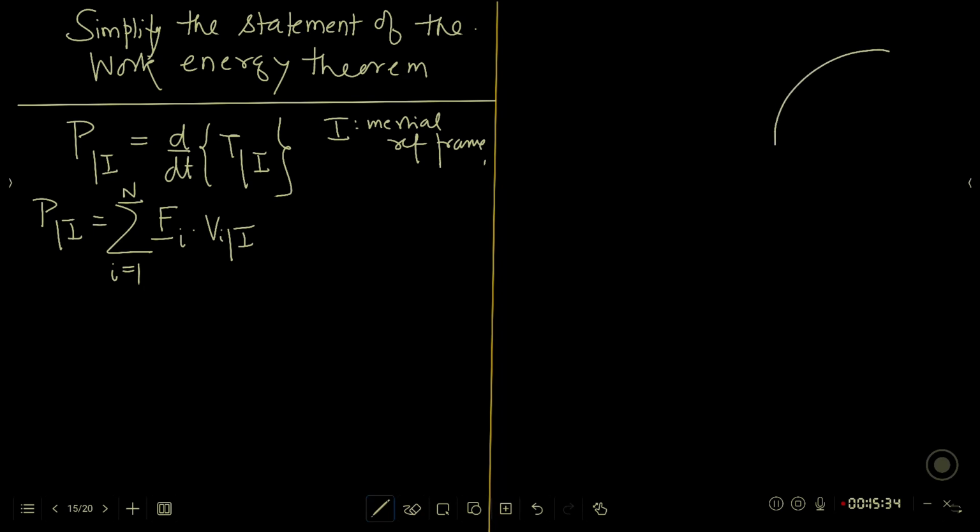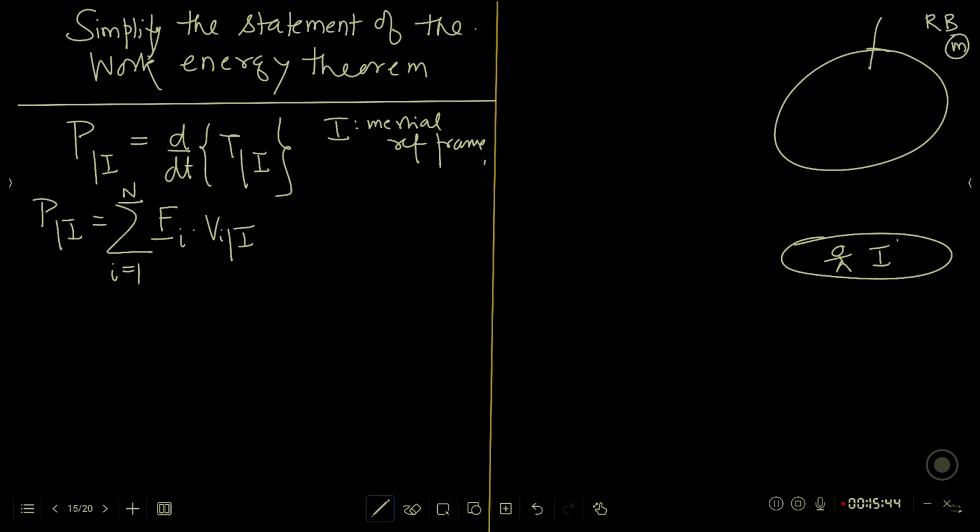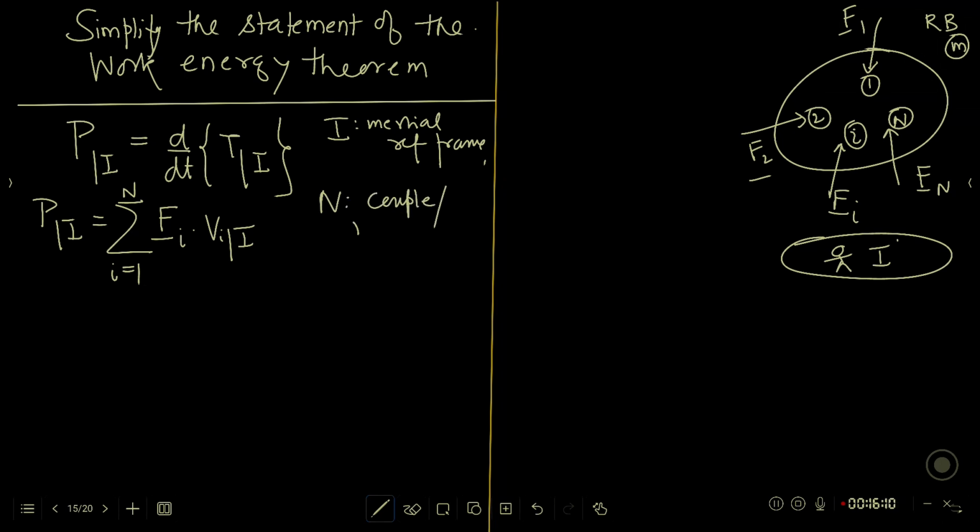Where N is the total number of forces acting on the RB, and it includes all forces, couple, non-couple, all forces included.